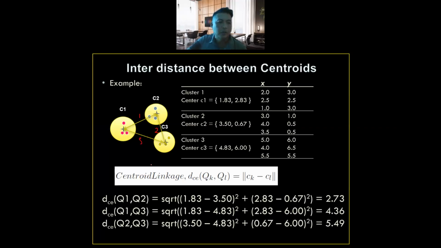Okay, so the distance between C1 and C2 will be just looking at the differences between these two. So 1.83 minus 3.5 square, 2.83 minus 0.67.